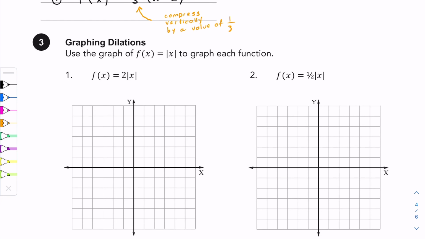Graphing dilations. For the first function, here we have f of x is equal to 2 times the absolute value of x. Our parent function is the absolute value of x, and that has key points at (-2, 2), (-1, 1), (0, 0), (1, 1), (2, 2).